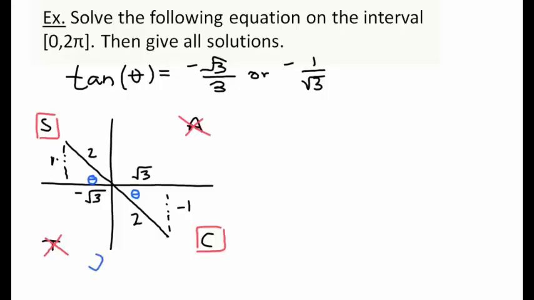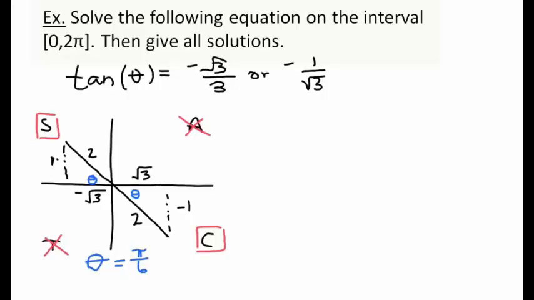So the next thing we have to do is try to figure out what our reference angle theta is going to be. So since we're in a 1 to root 3 triangle, and our angle theta is across from the leg of the triangle that has length 1, it must be that theta is 30 degrees, or pi by 6 radians.